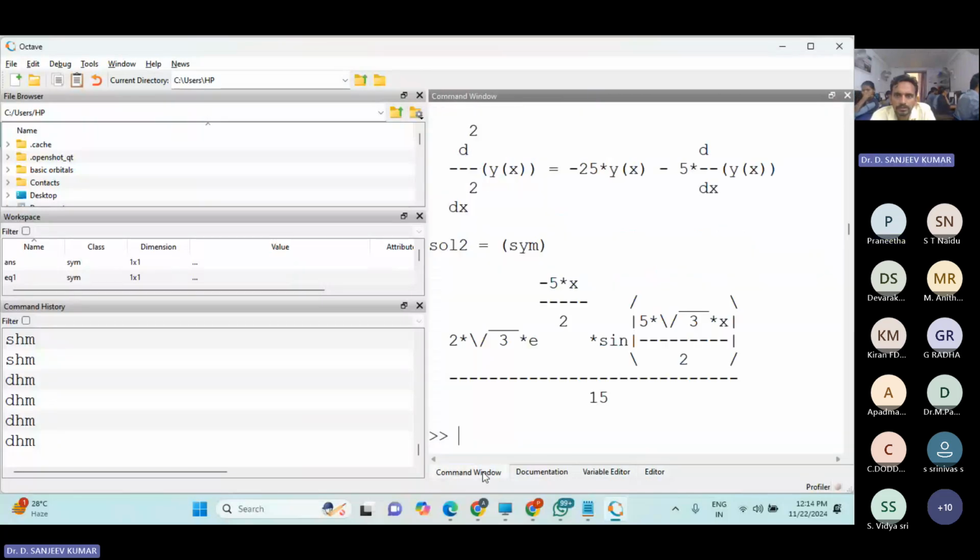And so this is a solution. 2 root 3 by 15 e power minus 5x by 2. So this is the damping factor multiplied by sine 5 root 3x by 2. So the oscillatory function is multiplied by exponentially decaying function.